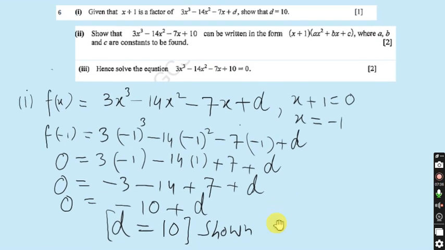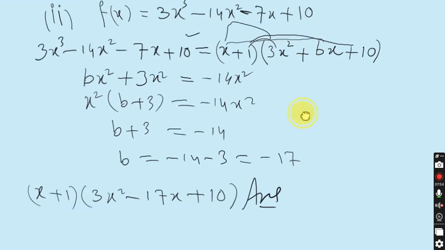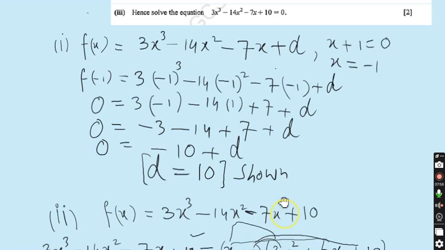You can see: show that 3x cube minus 14x square minus 7x plus 10 can be written in the form (x plus 1)(ax square plus bx plus c), where a, b and c are constants to be found. So we have converted this into the form (x plus 1)(3x square minus 17x plus 10).